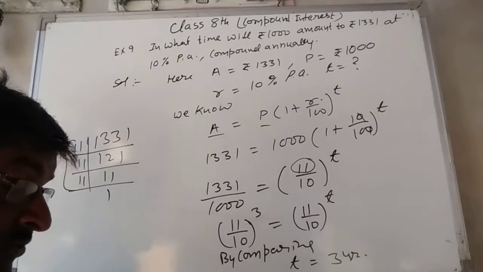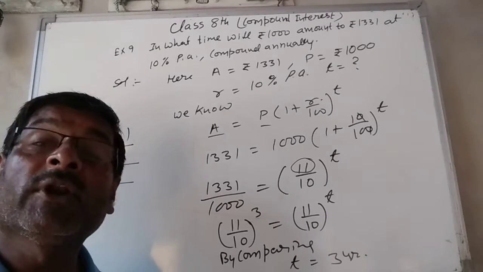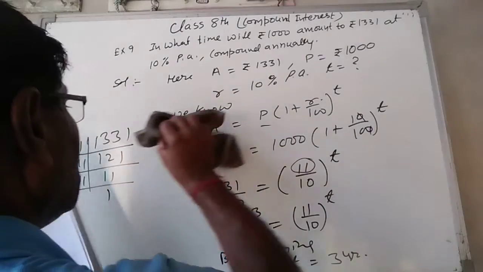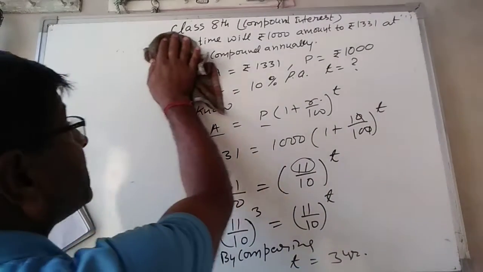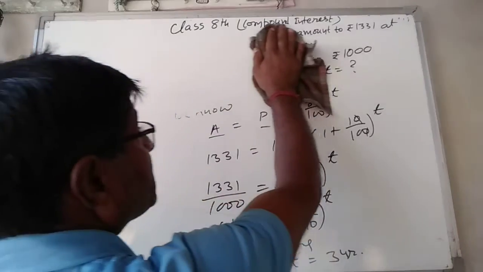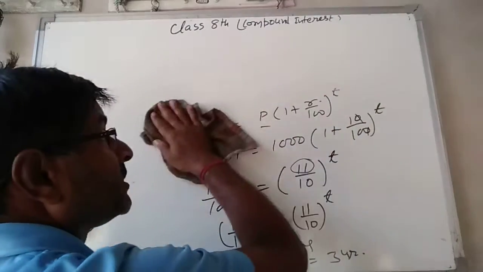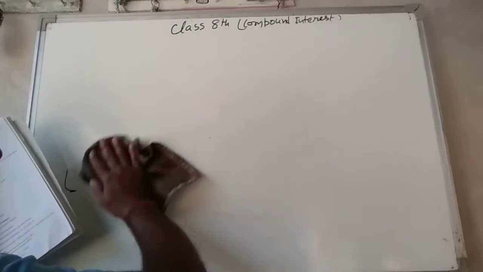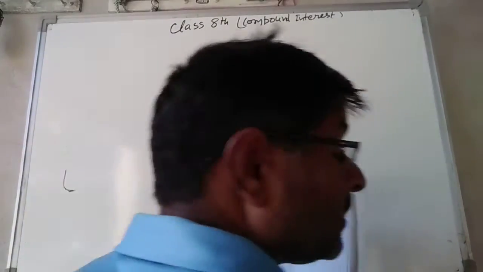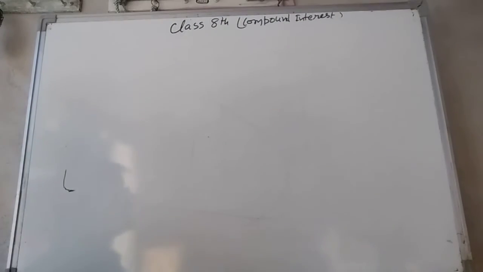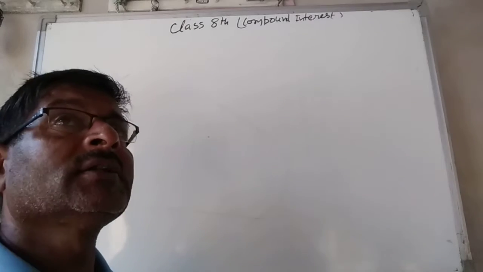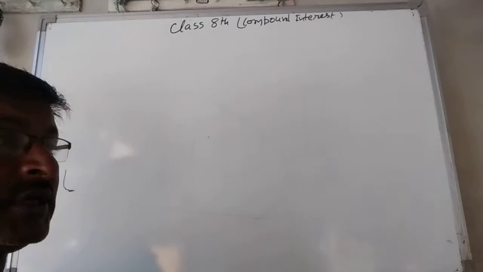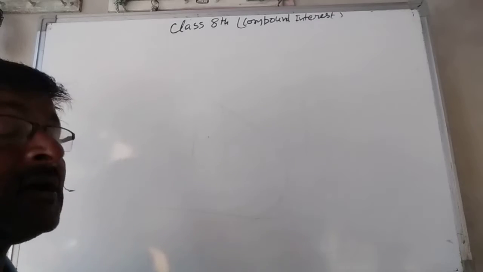Now some questions based on population. In the case of population, only one change will be there. In a question based on population, the present population of the city or town works as the principal, and the population after 1 year or 2 years works as the amount.